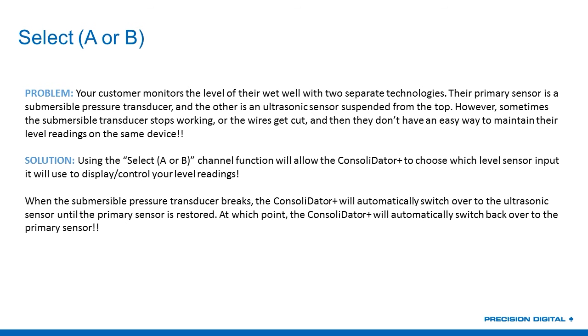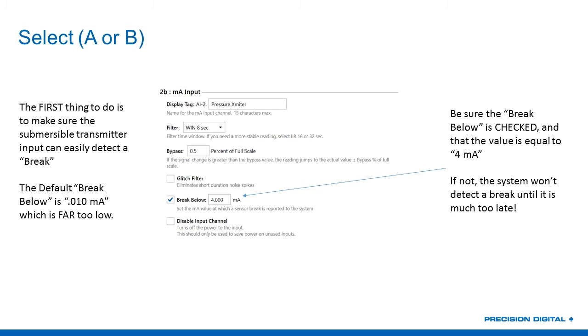So let's get started. The first thing we want to do is we need to know one thing. We need to know when our transmitter, or our submersible transducer, drops out. So the first thing I would tell you to do is to set up your input, of course, and name it, of course. But after you do that, we want to know exactly when this thing is going to drop out. And so this break below is going to be very important for us.